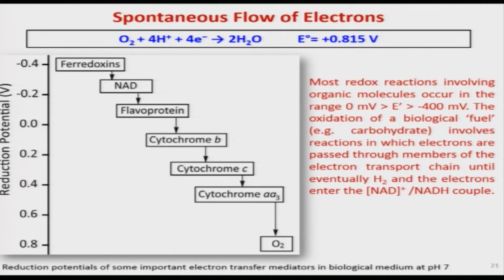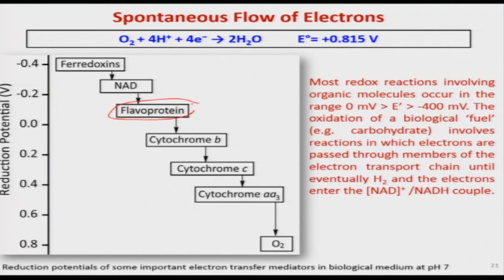Now, NAD when it gets one electron, it becomes reduced, and once it becomes reduced, it spontaneously gives an electron to the flavoprotein, and the flavoprotein gets reduced, NAD gets oxidized.